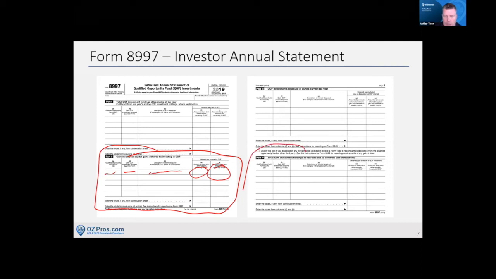And then you're going to pick this up for the year end as well right there. And that's how you're going to indicate to the IRS that you're investing into an opportunity fund. So Jimmy, I know we got some questions coming off of that, but that's the extent of the forms that have to be filed.